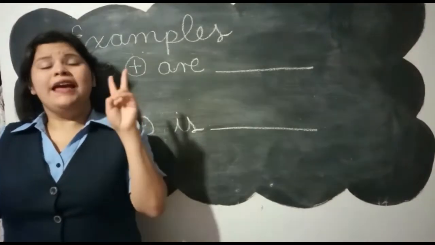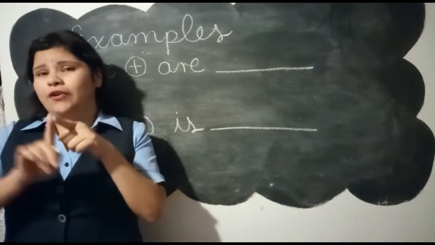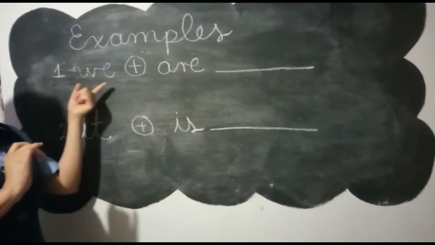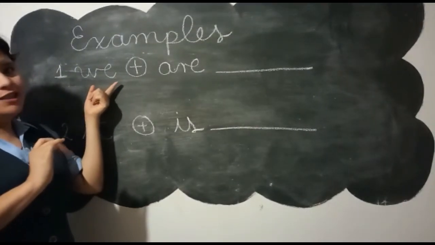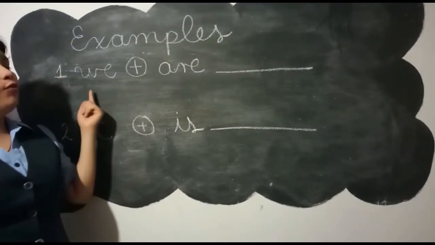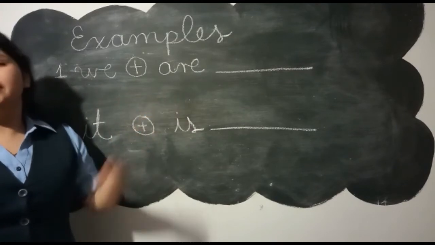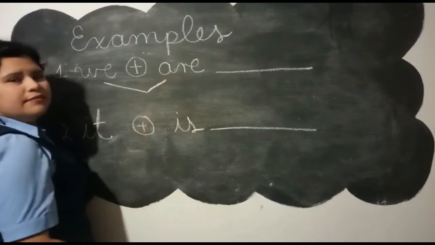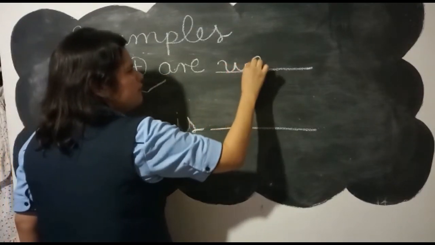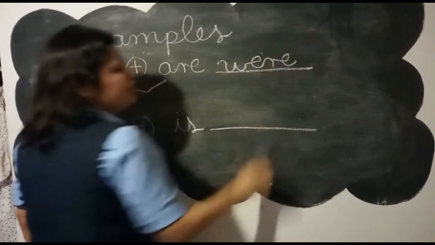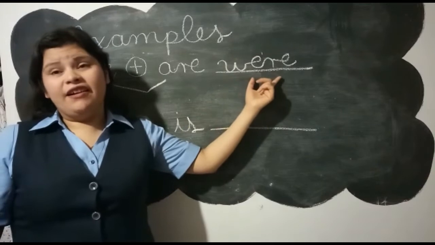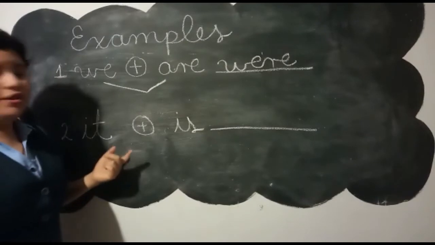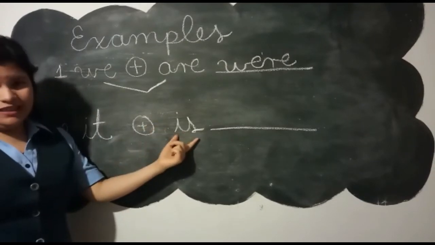We will make two examples. We have to join and match the corresponding verb to be with the subject. In this case, in the number 1, we have we and are. What is the contraction that we will form? If we join we and are, our contraction is going to be we're. In the number 2, we need to join it and is.